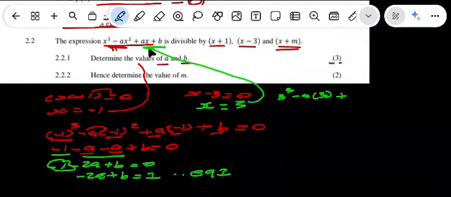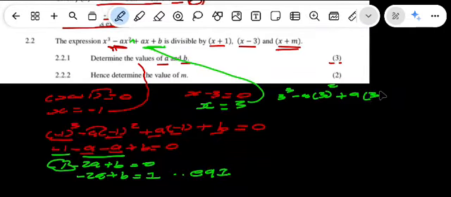Then plus b, or we have again plus a. Here I don't forget to square since we have the square there. Multiply this by positive 3, then plus b. This must be equal to 0. We together, so this is 27 minus this 3 raised to the power of 2 is 9.